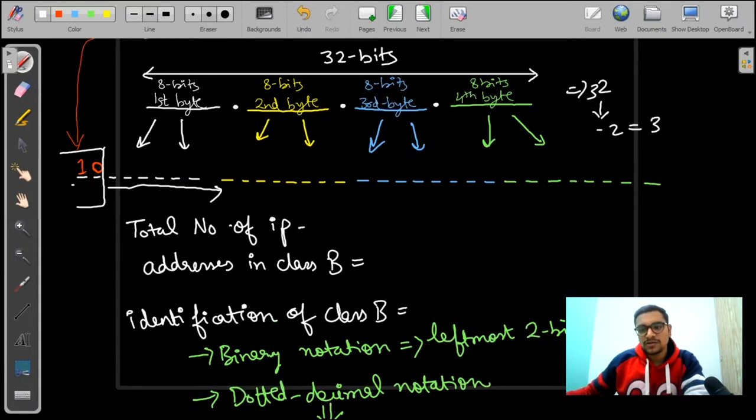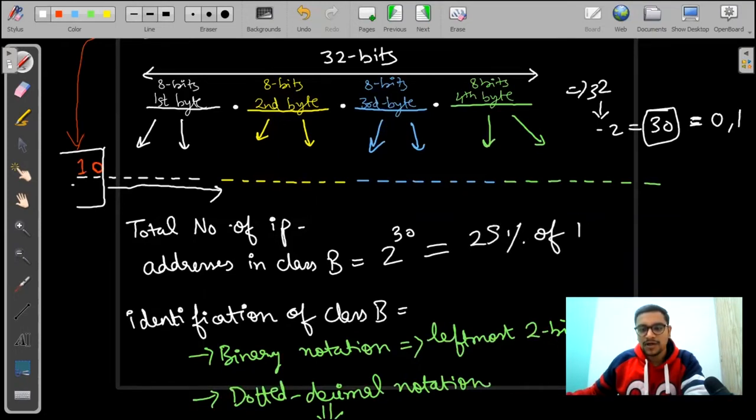So for the rest of the 30 bits, I can have any possible combination of zeros and ones. For those zeros and ones, I can write that the total number of IP addresses that are possible in class B is equivalent to 2 to the power 30, and it is also equal to 25% of the IPv4 address space.